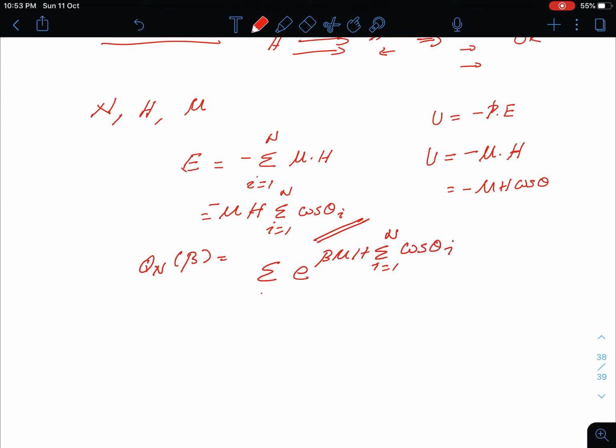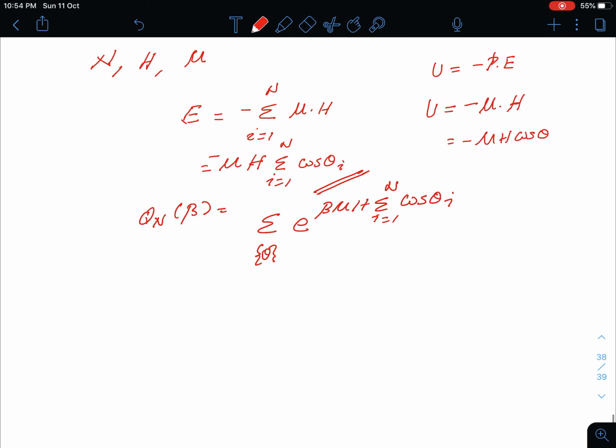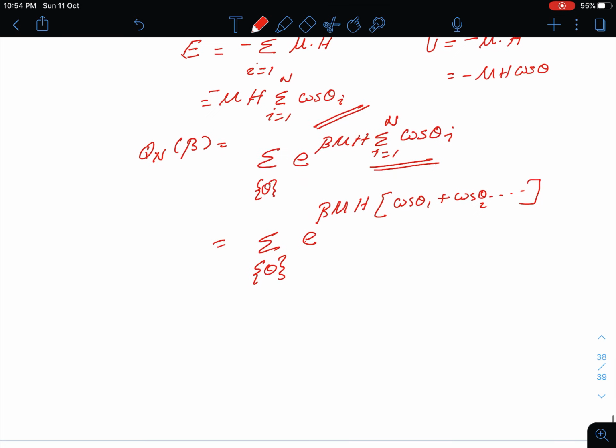Now what is this sigma? This sigma is simply over all possible orientations of theta. I will come to that later on. Maybe we can start it here itself. When I expand this, it is simply sigma over theta of e raised to beta mu H times cos theta 1 plus cos theta 2 plus and so on, so this is going to be the product of all these.